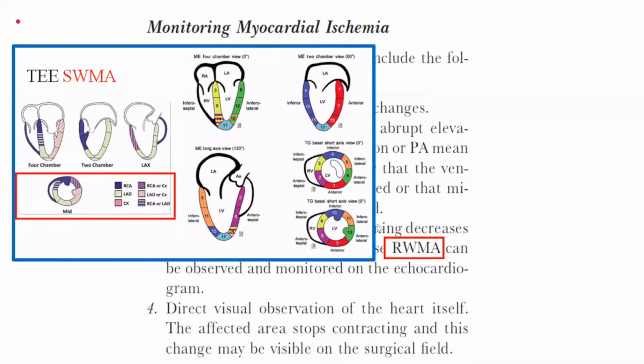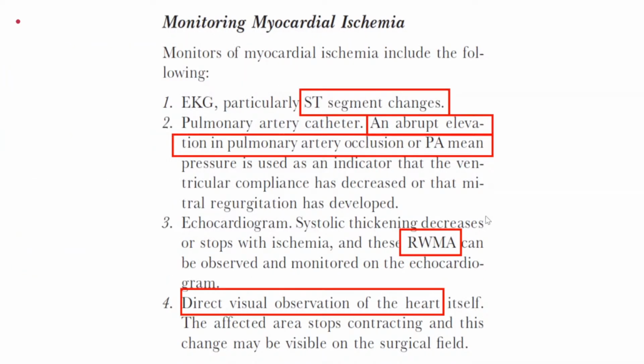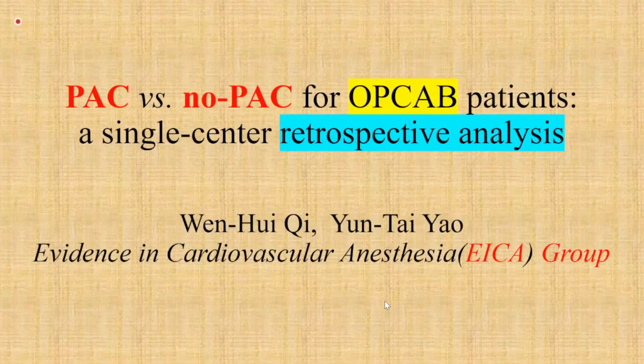Recently, my colleague Dr. Qi and I retrospectively analyzed the PAC effect on patient outcome in those undergoing off-pump coronary artery bypass surgery. 1,006 patients were included. They were divided into two groups, non-PAC group and PAC group.